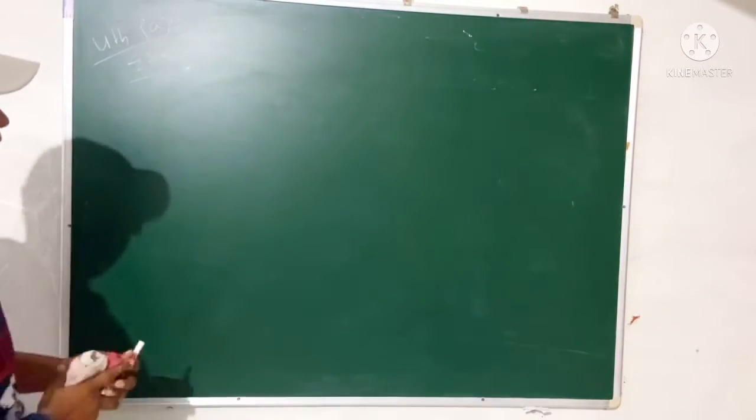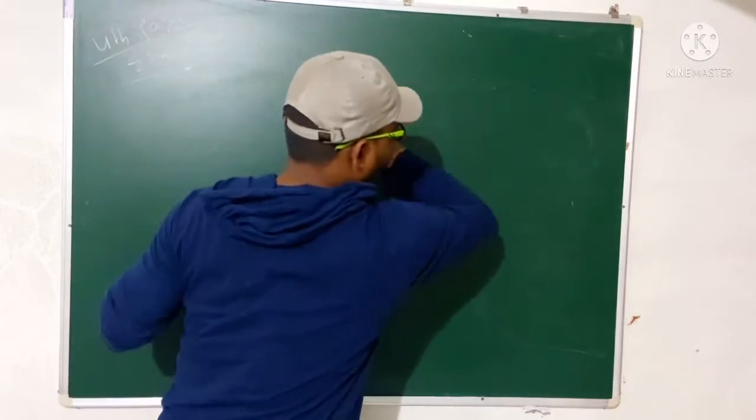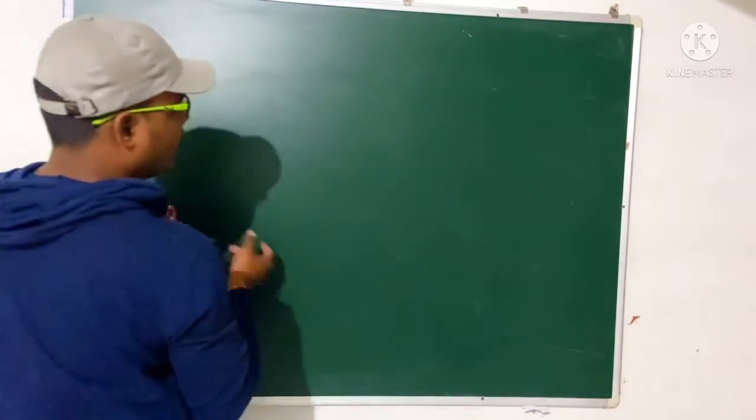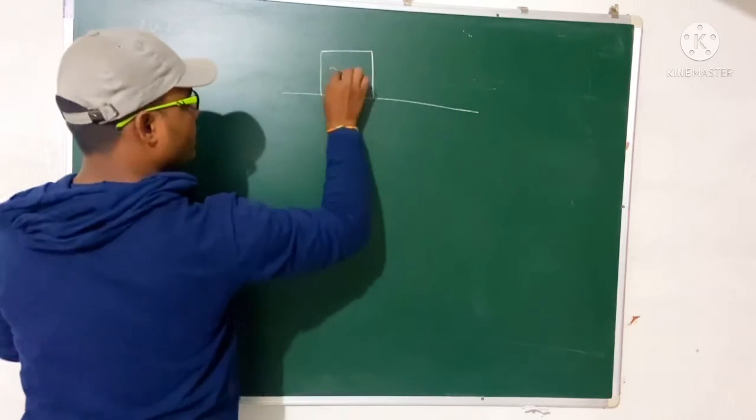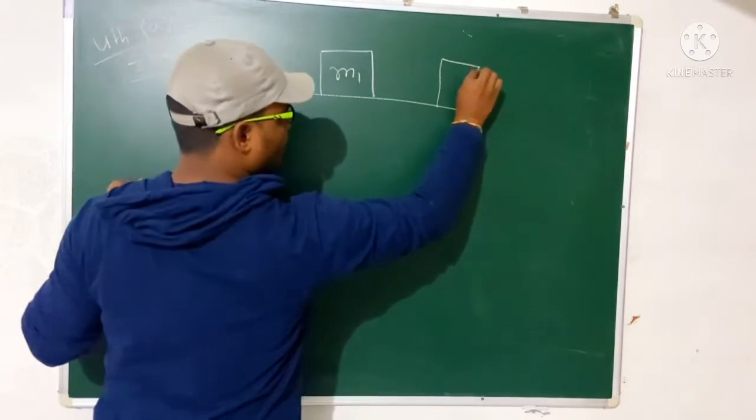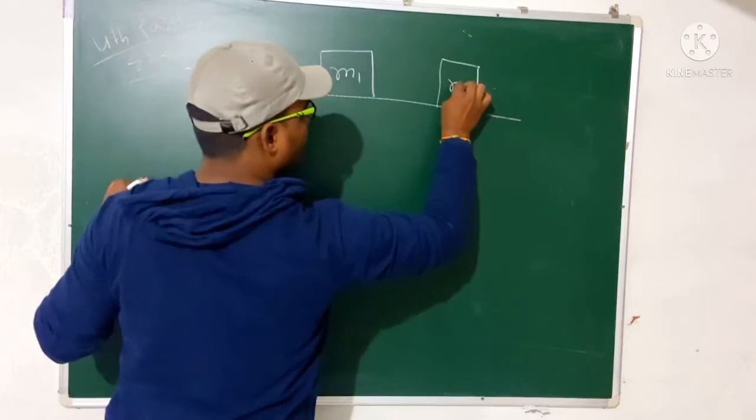So this is another question. Look at how it is given. We have 2 objects, M1 and M2.